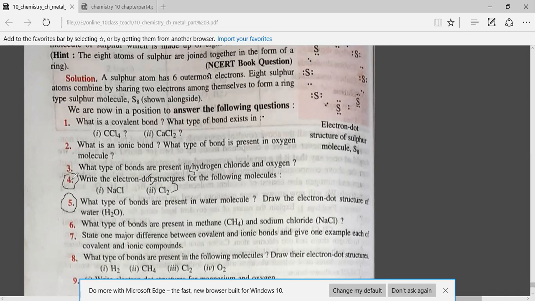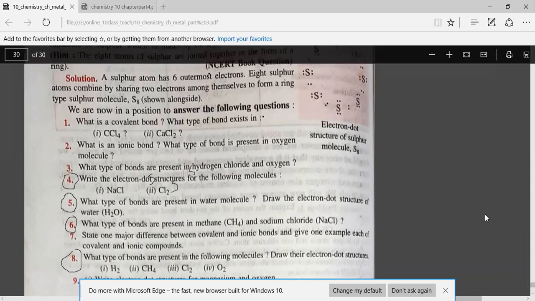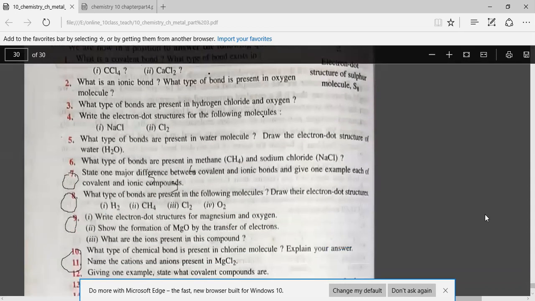Write this question. You have to do 4, 5, and 6. You have to draw the electron dot structure of S2, CH4, Cl2, O2.